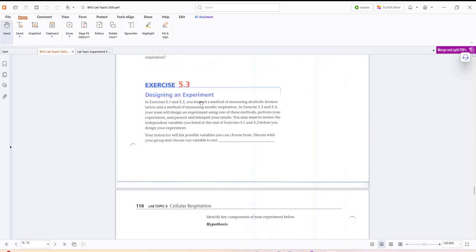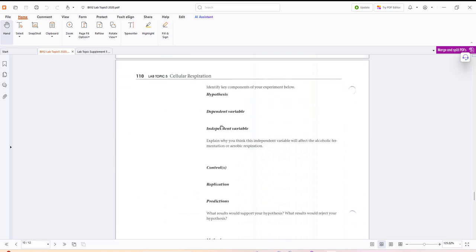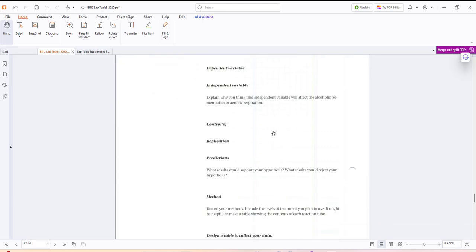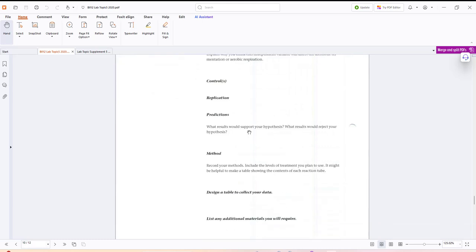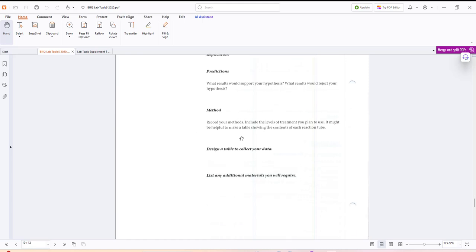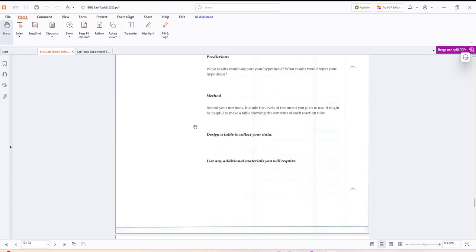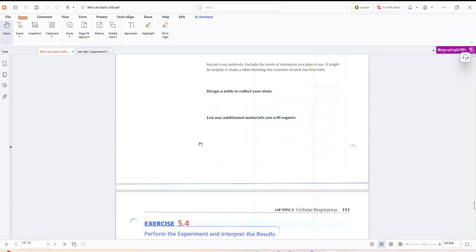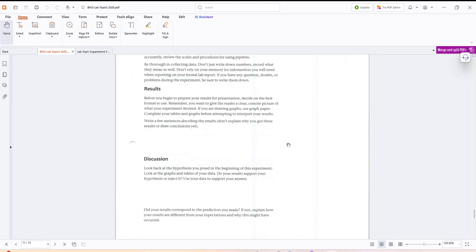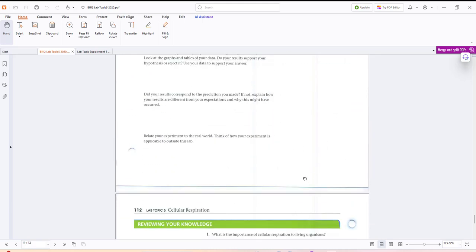Okay, so when you're doing your design, your experiment, make sure you're writing this information down in as much detail as possible. So what were all of your controls? Write down the methods as completely as possible. Write down the results as completely as possible so that you have that information there for when you write the lab report.